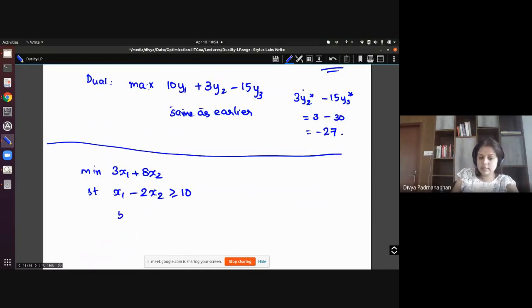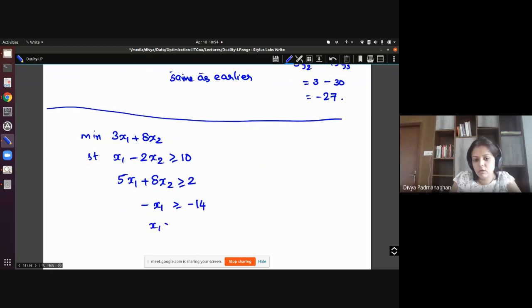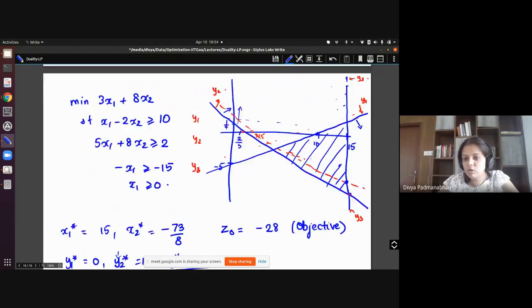The second constraint is still the same, 5x1 plus 8x2 greater than or equal to 2, because you want only one constraint to change at a time. Suppose this one became minus x1 greater than or equal to minus 14. It would be something like this, and it's basically all of this region. So the optimum is going to be this point.